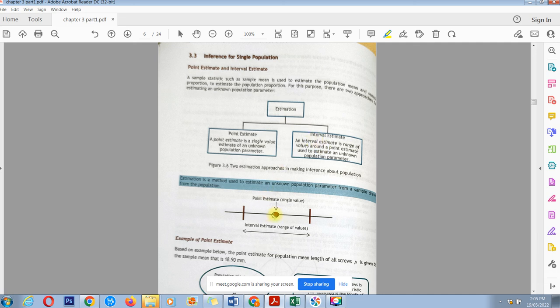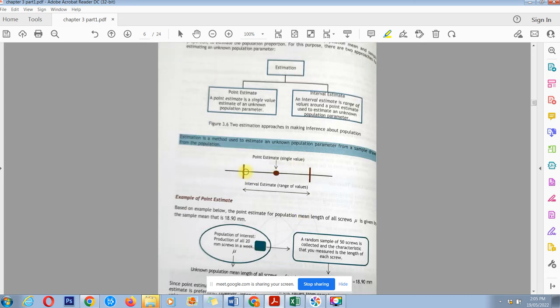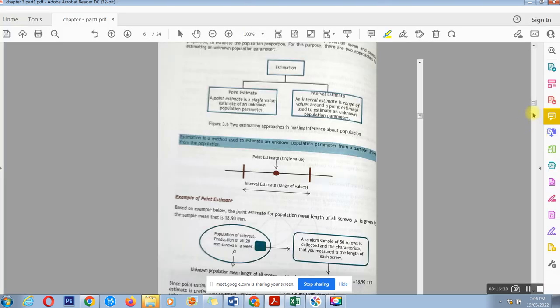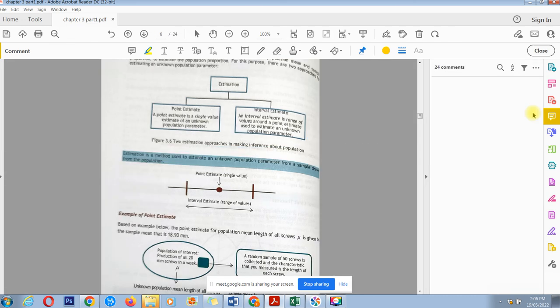But around this point we have the interval of estimation. Estimation is a method to estimate an unknown population parameter from a sample drawn from the population. So here we have a range. We have a margin of error here.